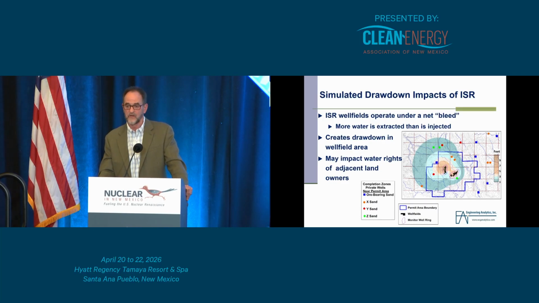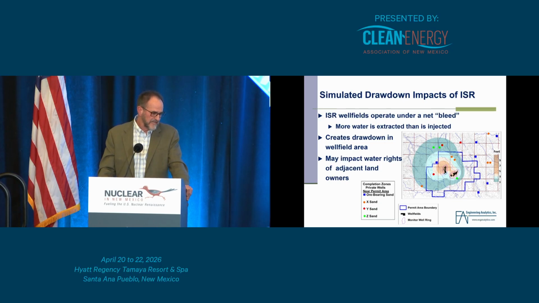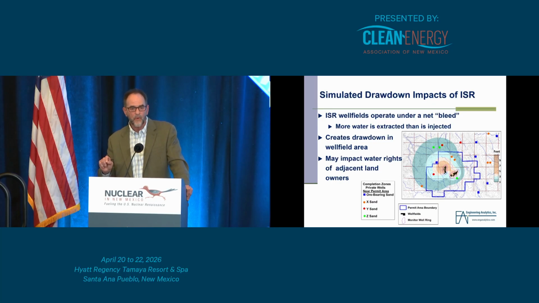So the client wanted to know what the drawdown impact was going to be. I know you probably can't read the numbers on there, but the maximum drawdown that occurs outside that blue outline, right in the very corner, is about 5 feet of head loss. And in Wyoming, that's usually considered a wash. Nobody's going to get too excited about that, so it's a fairly negligible impact.